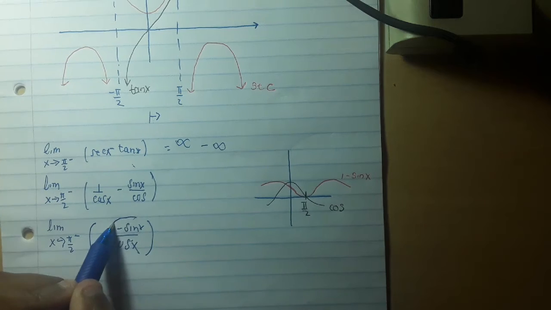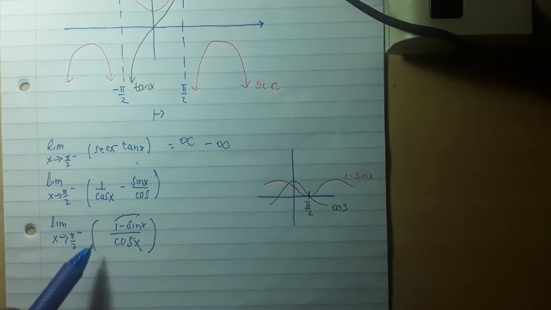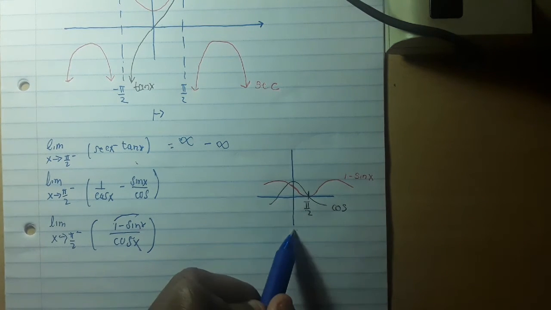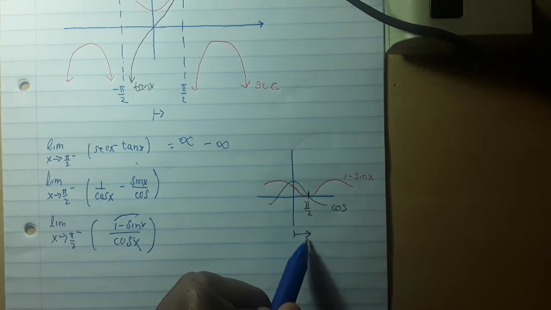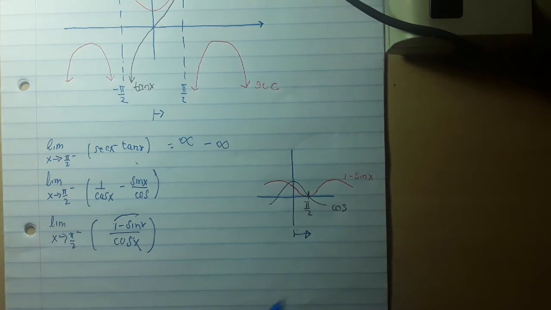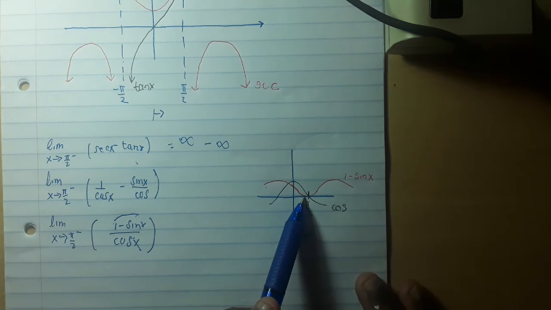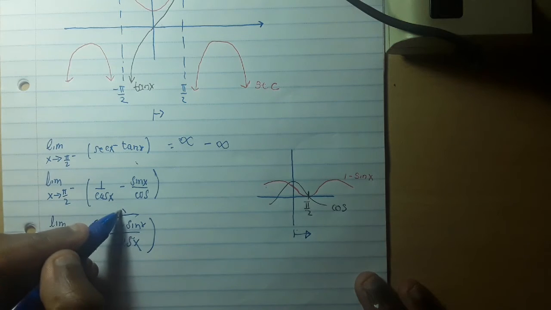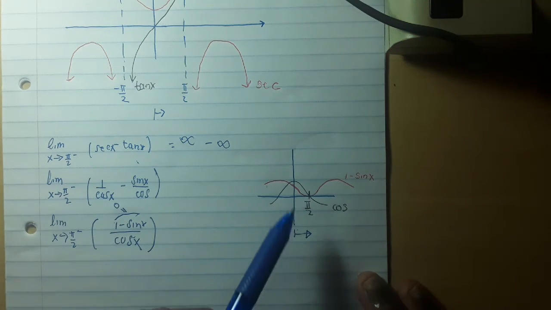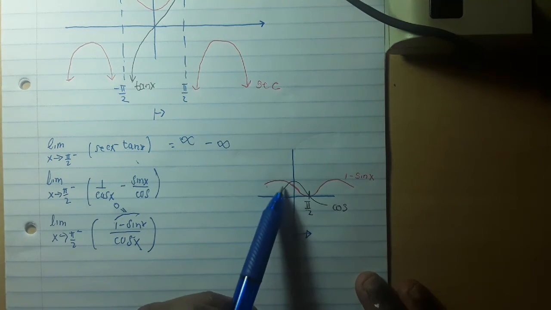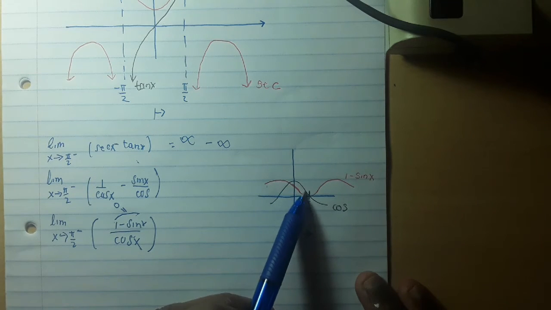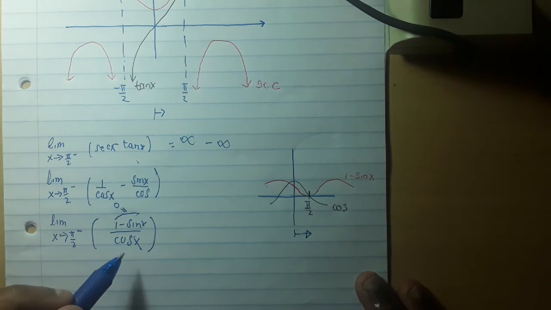And bear in mind we are approaching pi over 2 from the left side. As we approach pi over 2 on the left side, this goes towards 0. And looking at the graph of cos x, as we approach pi over 2 on the left side, this also goes towards 0.